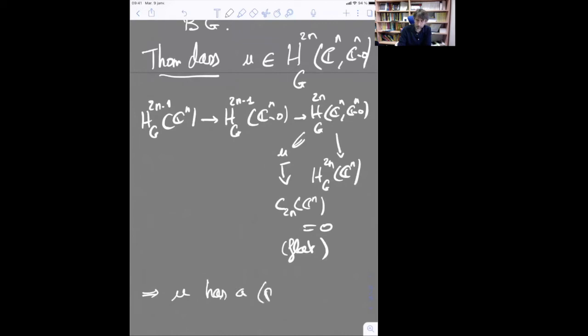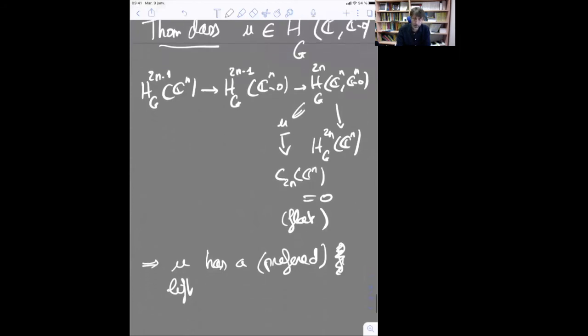I haven't discussed yet the preferred lift, so I will postpone this for later discussion. I will come back to this construction from another perspective, from a differential form perspective, and get a preferred lift. But at least for the moment, we know that there is one lift that I will call S affine.